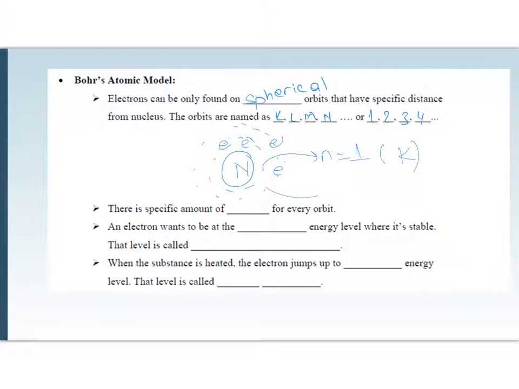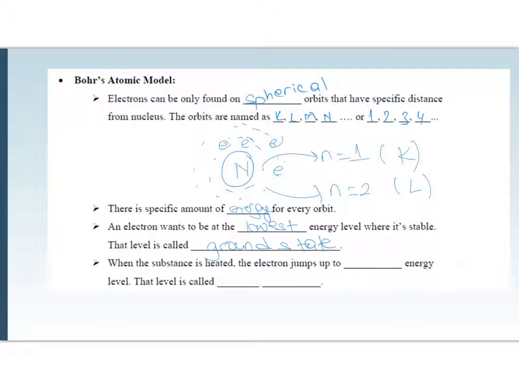And this is the second one, named the L shell. There is a specific amount of energy for every orbit, in fact for every electron. An electron wants to be at the lowest energy level, this is important, where it is stable, and this level is called the ground state.